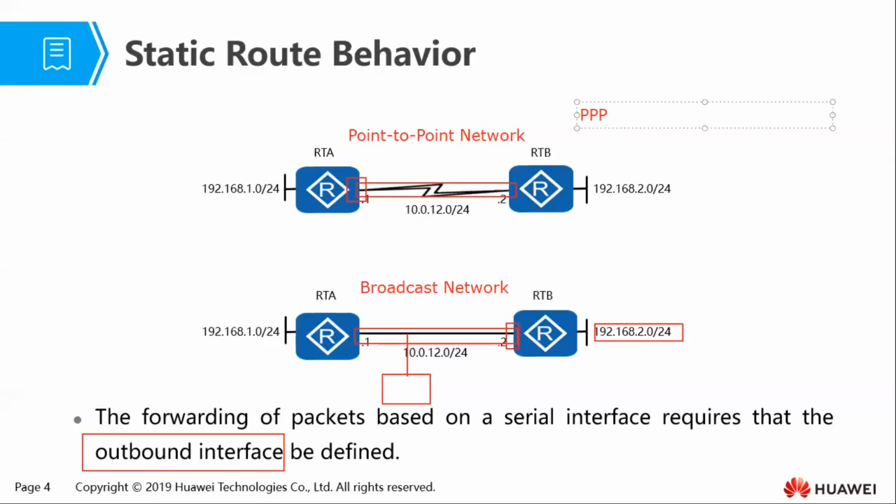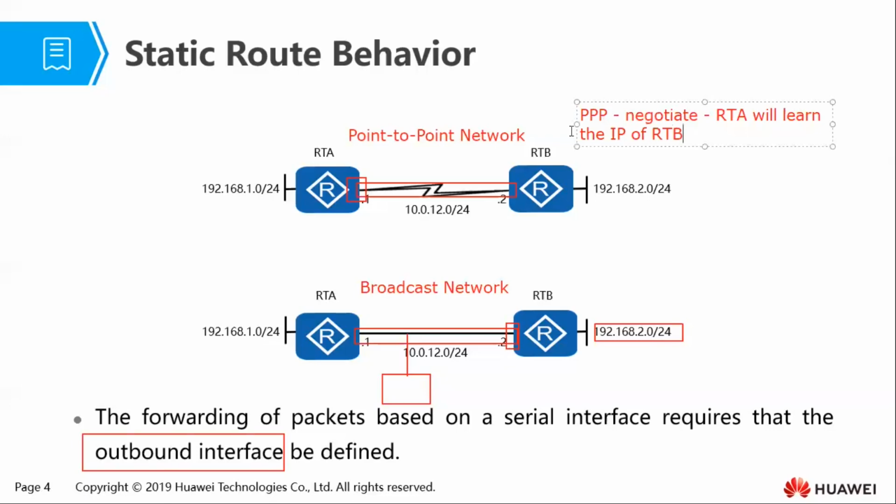There's an entire topic about the Point-to-Point Protocol that we're going to learn about. In PPP, they do what we call PPP negotiation, and it's through this negotiation that RTA, for example, will learn the IP of RTB.